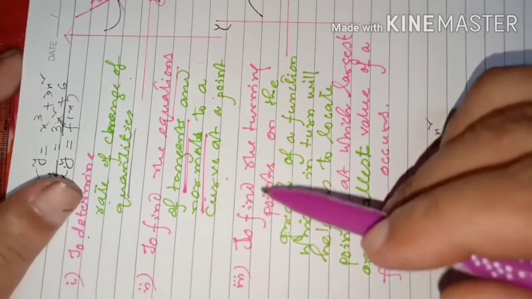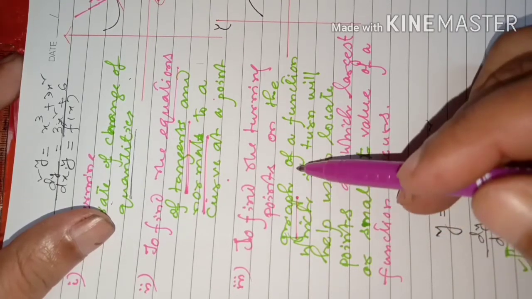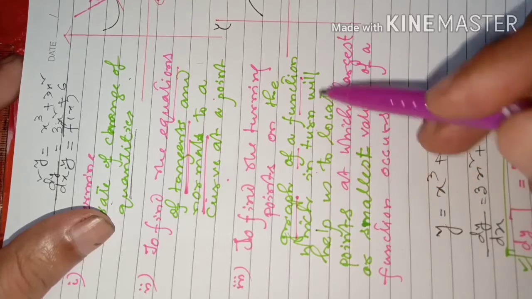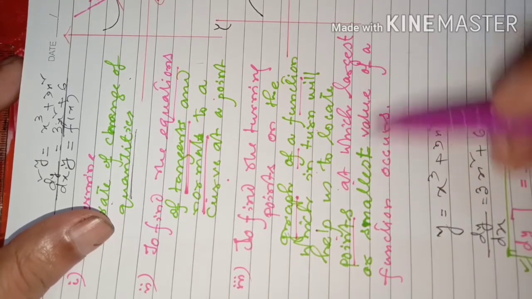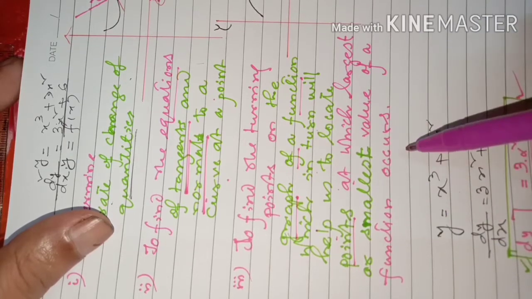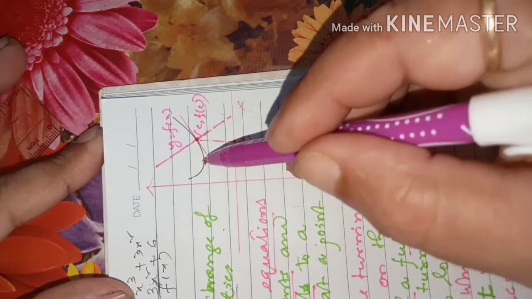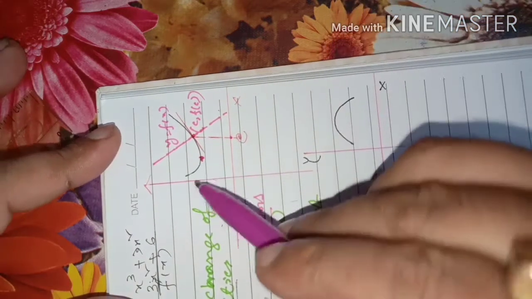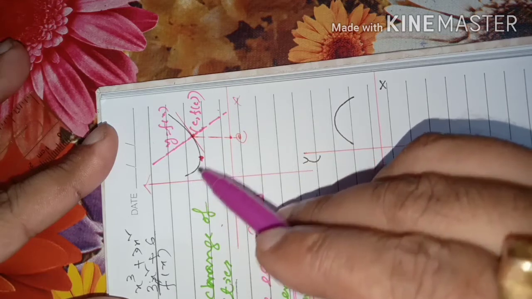The next point is to find the turning point on the graph of a function, which in turn will help us to locate points at which the largest and smallest value of a function occurs. Just think about this graph. Here is the lowest point of the graph. At this point, you see, a decreasing trend was shown by the function.